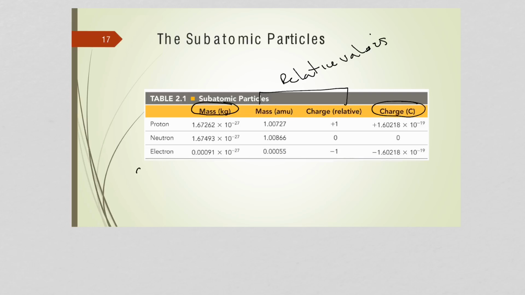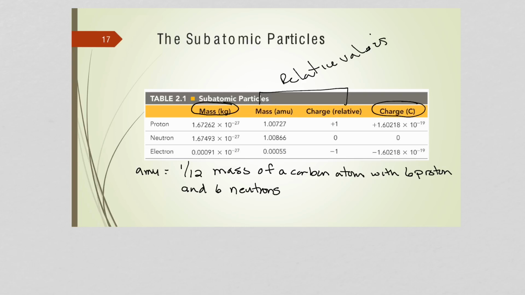It was defined as 1/12 the mass of a carbon atom with 6 protons and 6 neutrons, or what we'll later refer to as carbon 12.